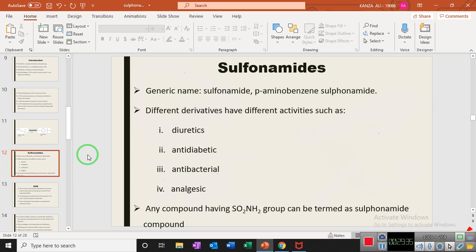The analgesic compounds, the anesthetic compounds, the general anesthetics, the local anesthetics.